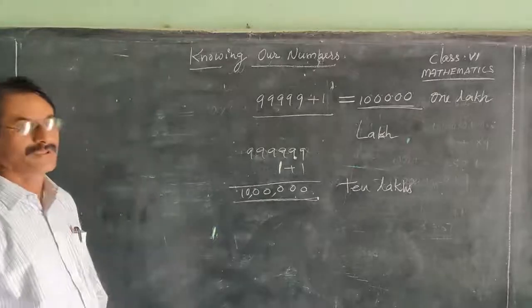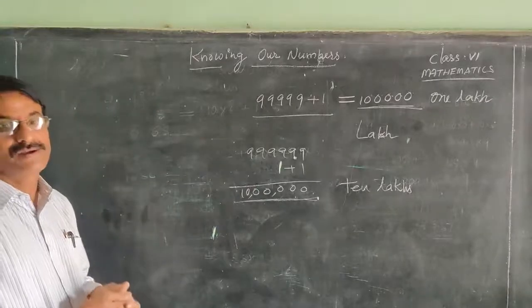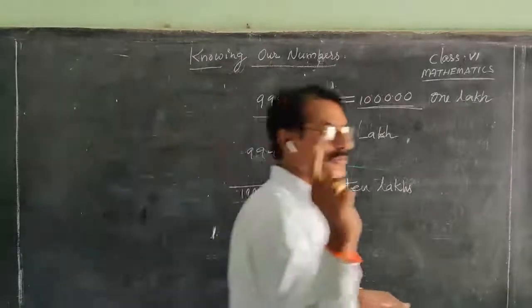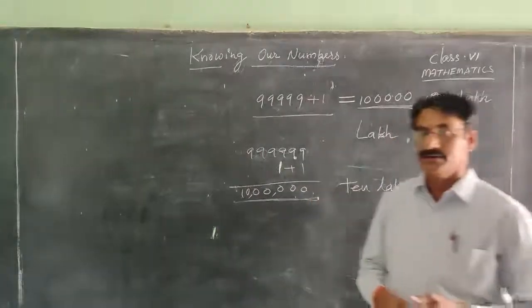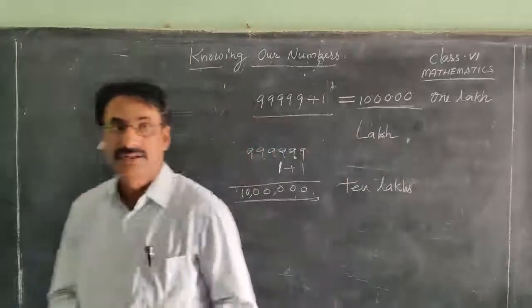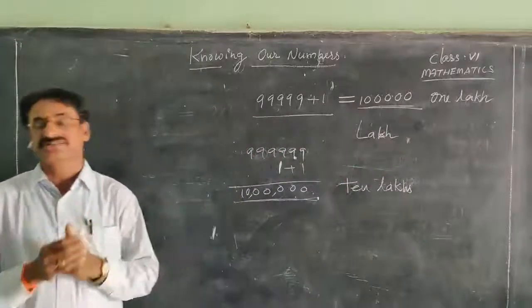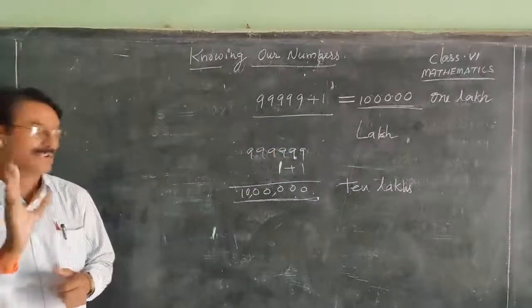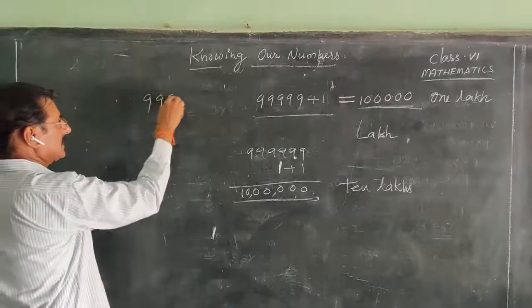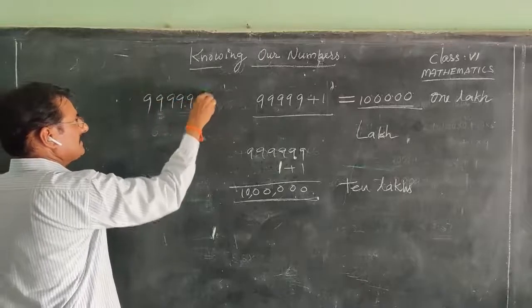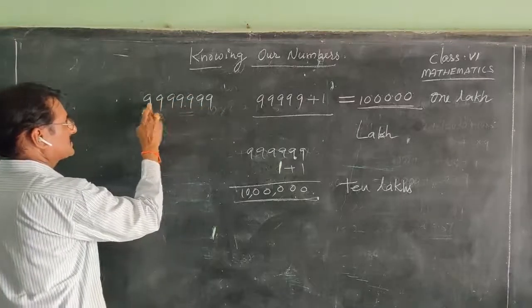Seven-digit number. If we take 9 in each place of that number, we get the largest 7-digit number. Like this. How many digits? 7. 1, 2, 3, 4, 5, 6, 7.